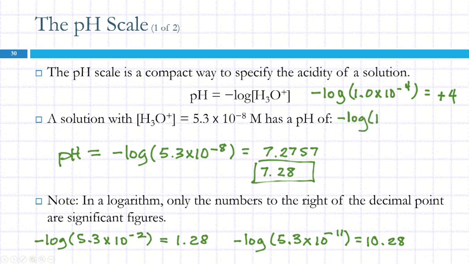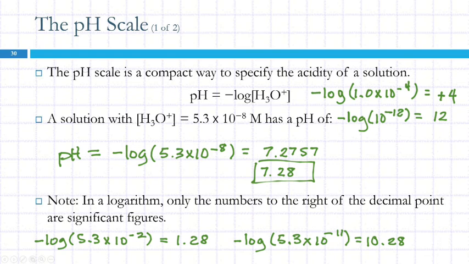Negative log of 10 to the minus 12 is just 12. So the digits before the decimal point are essentially the placeholders. That's just telling us where the decimal point belongs in the original number. The digits after come from this part of the number, and that's where the sig figs are. So 2 sig figs here, 2 decimal places in the pH.